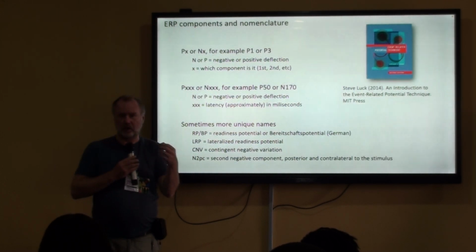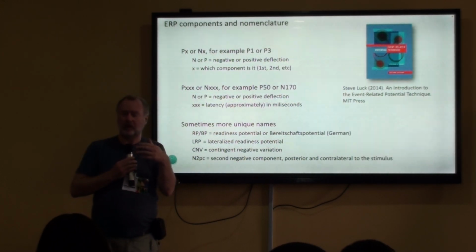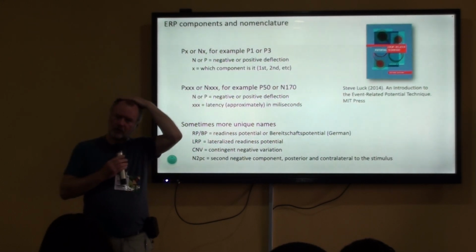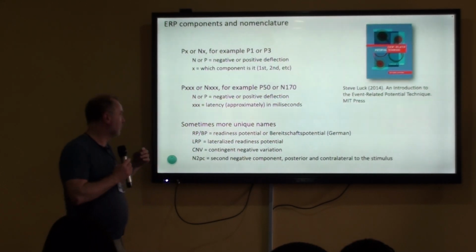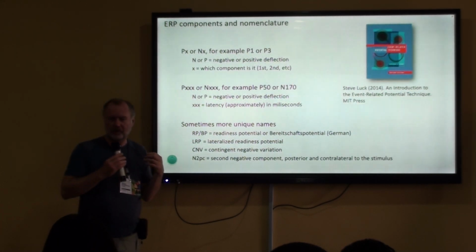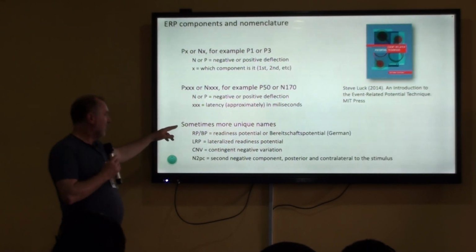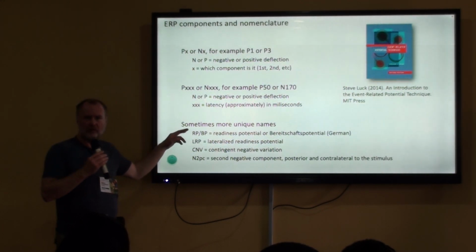You get it in reaction to surprising stimuli. It's a positive deflection. It's largely positive here over C3, over CZ, so over central brain areas, and it's around 300 milliseconds following stimuli.